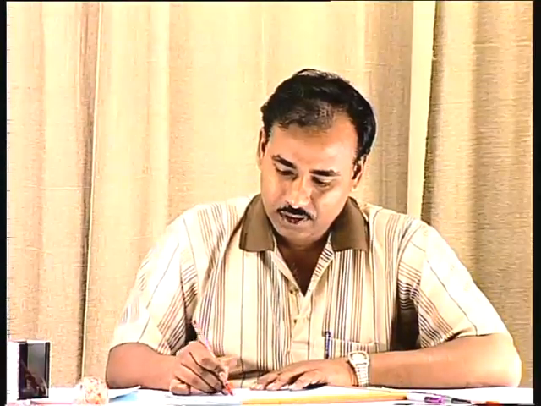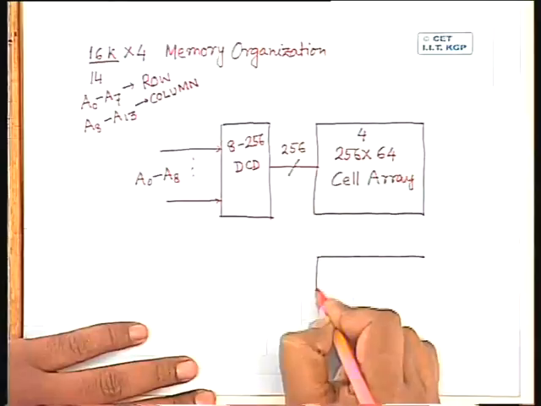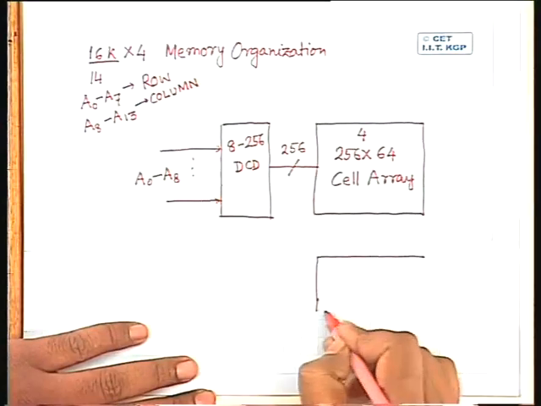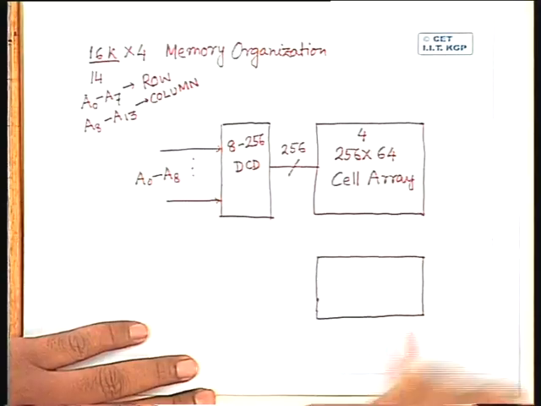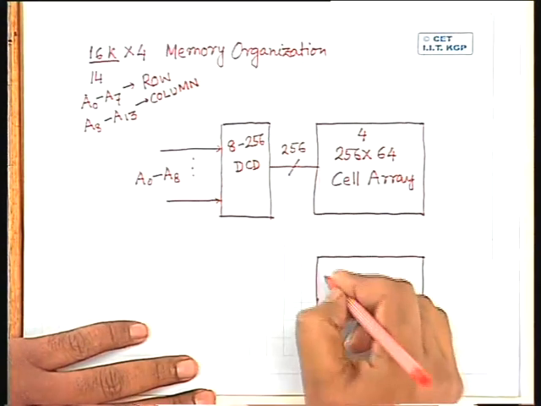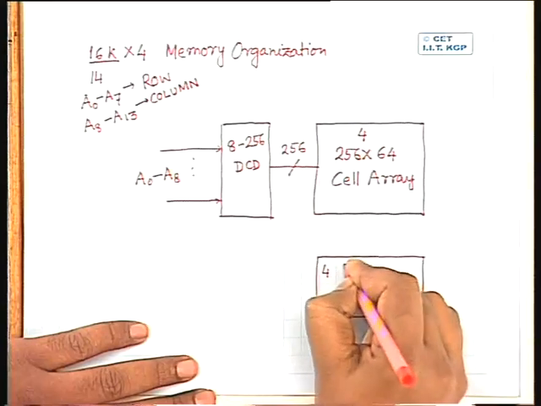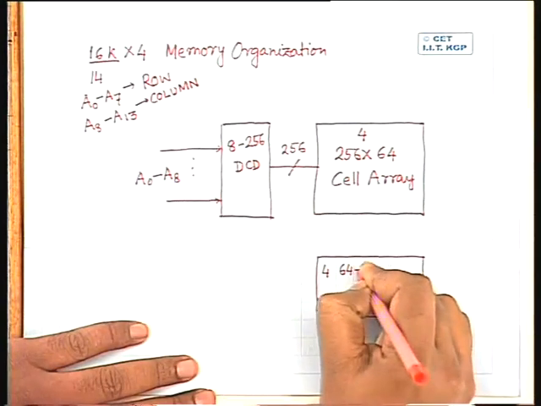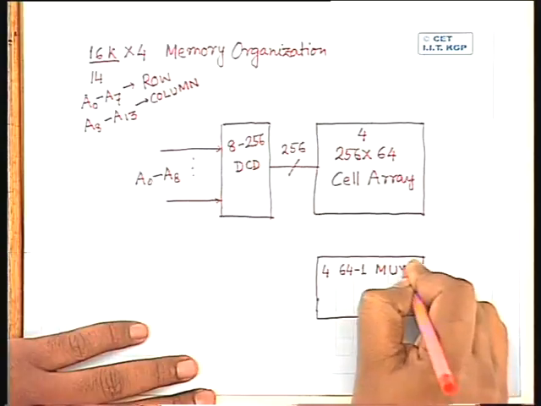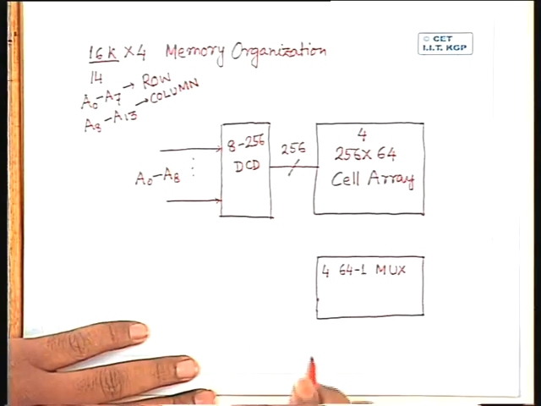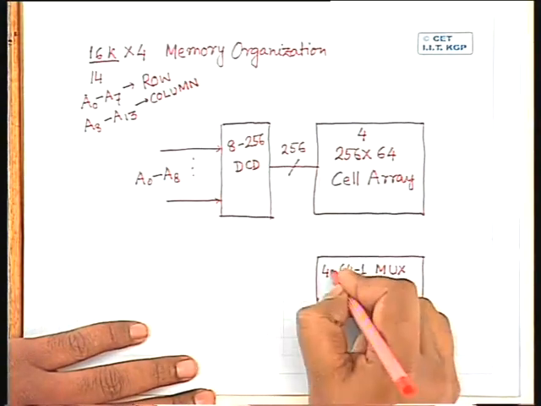Here, in the earlier case, we had only one multiplexer and demultiplexer. But now, because we have 4 such arrays, I need 4 64 to 1 multiplexers, one multiplexer for each of the cell arrays. Okay.